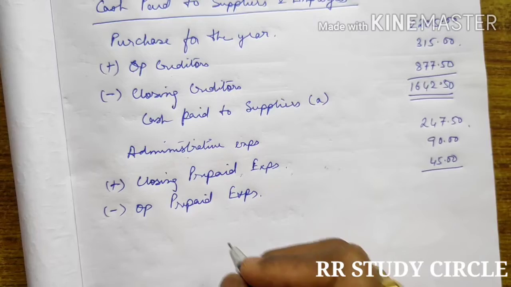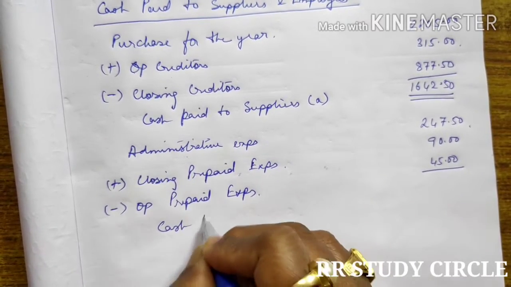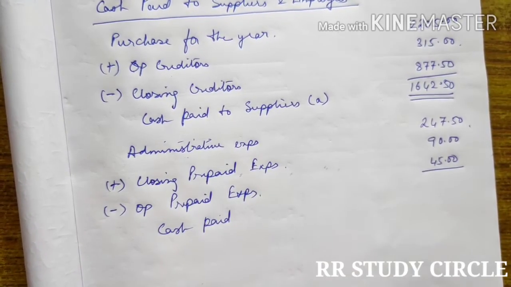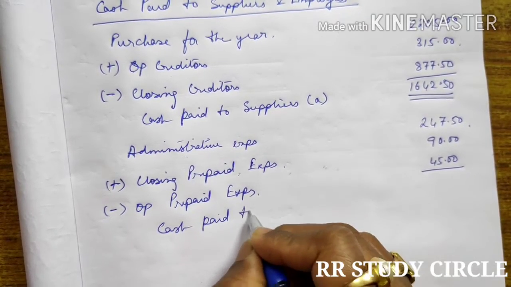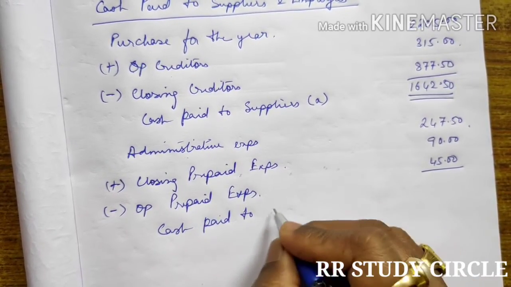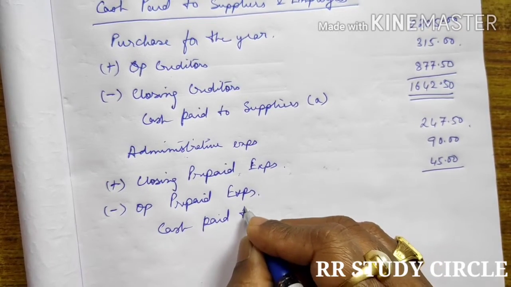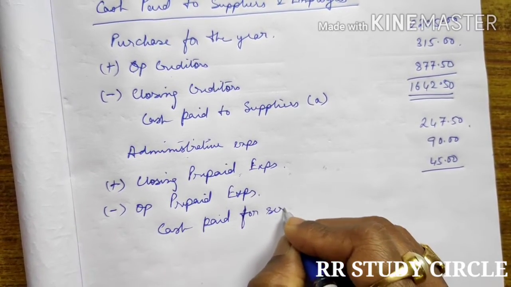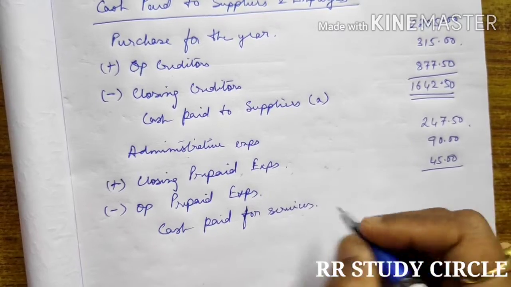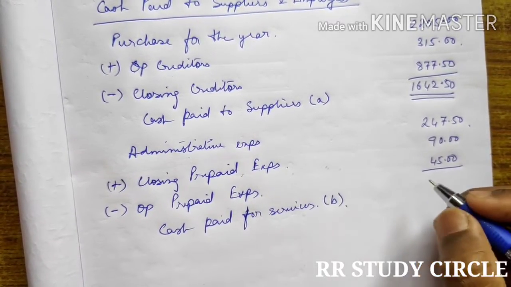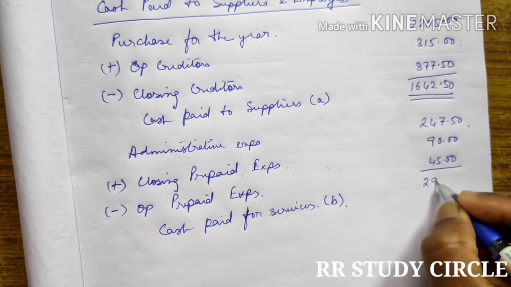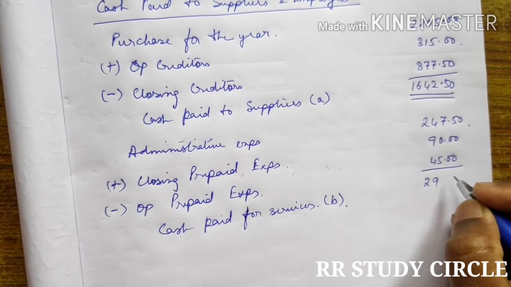So you can write this as cash paid for services. Administrative expenses means the amount incurred for payment of office and administrative expenses, that is, to the employees. So cash paid for services, you can write as number B. It comes to rupees 292.50.